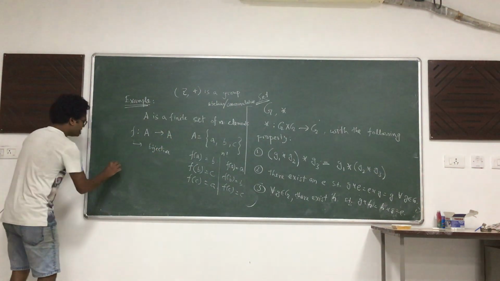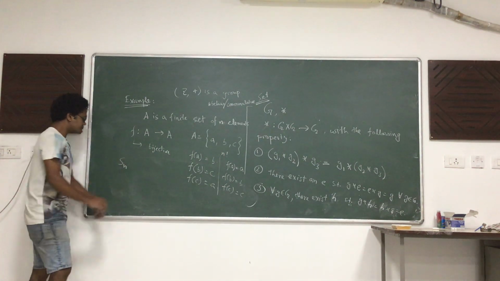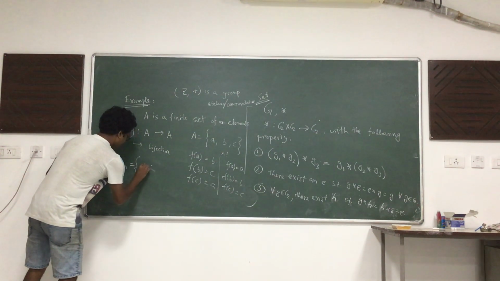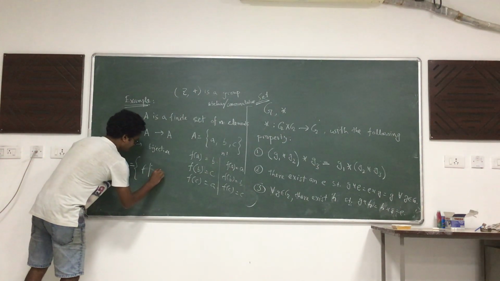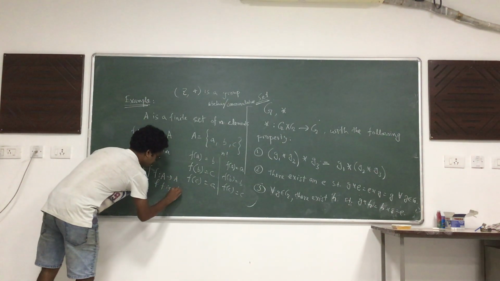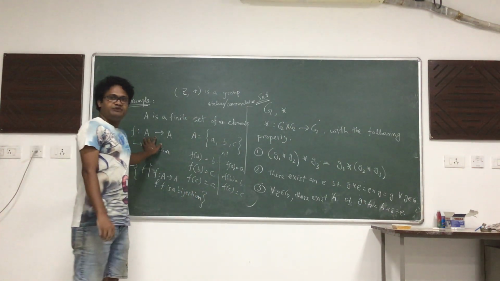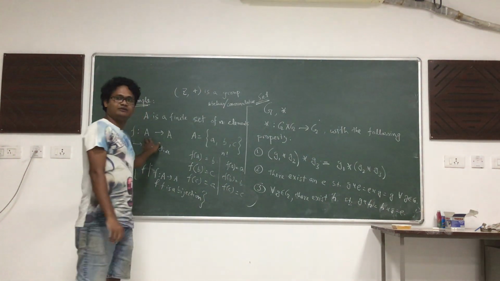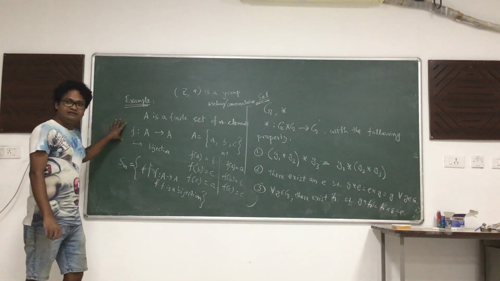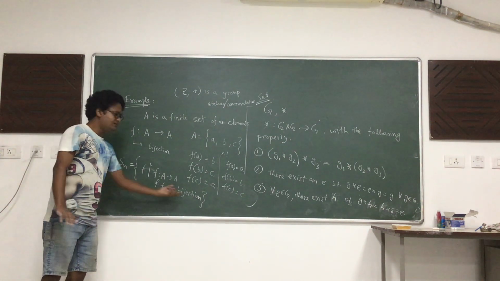Let us now take a set denoted by Sn, the collection of all the bijective mappings from A to A. So what we do is, we have a set of n elements, then whatever bijective mappings we can consider, the collection of all such bijections, we take inside a set.